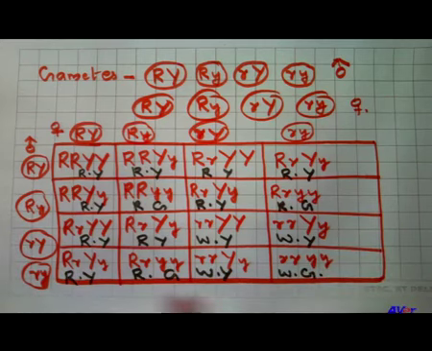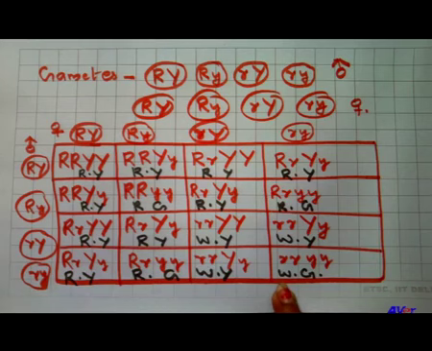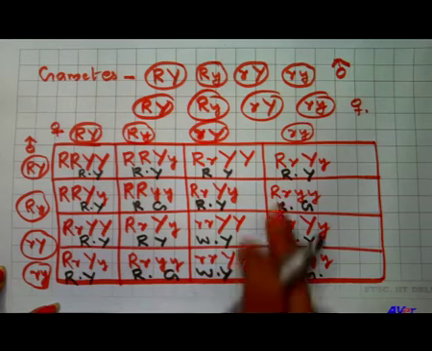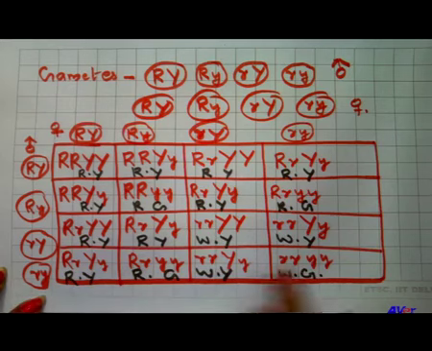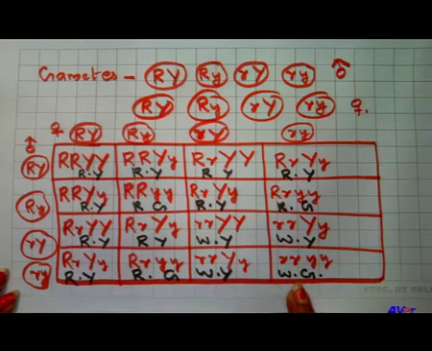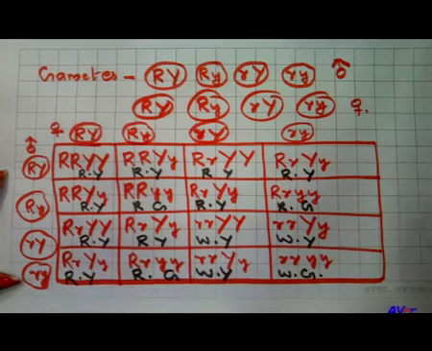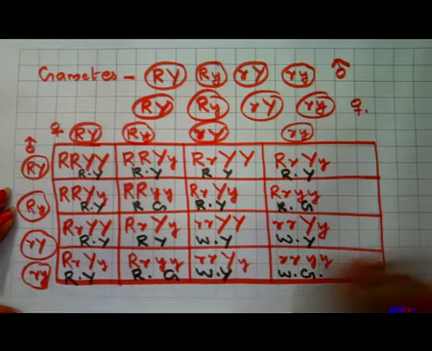So, when you analyze this F2 generation, you can see 16 different genotypes and 4 different types of phenotypes. Now, what are the phenotypes that you have observed here?